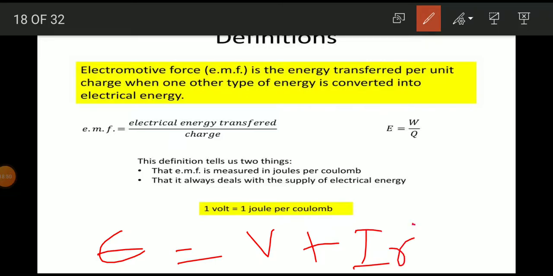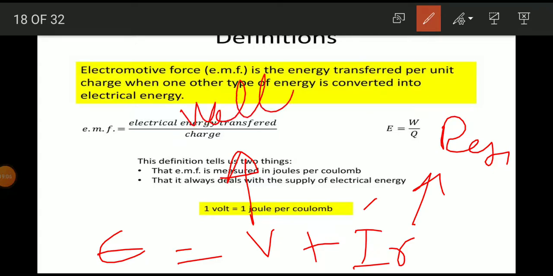If r is the internal resistance of the battery, and I is the current, then some amount of energy is used to overcome the internal resistance of the battery, and some amount is converted into voltage, into potential difference, into other forms of energy. And EMF is the strength of the battery.